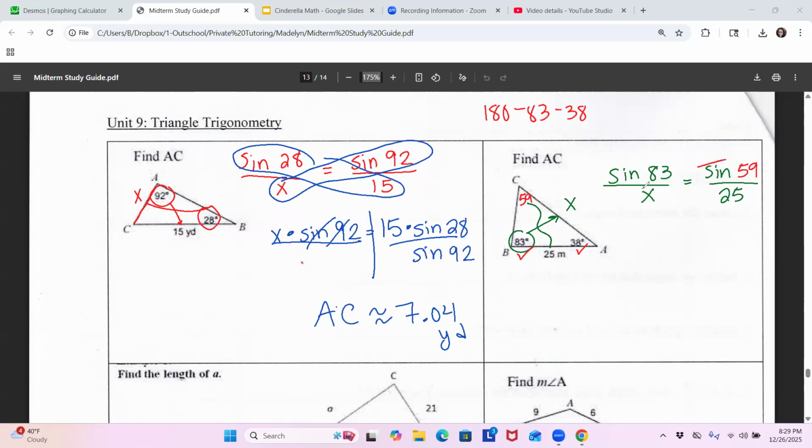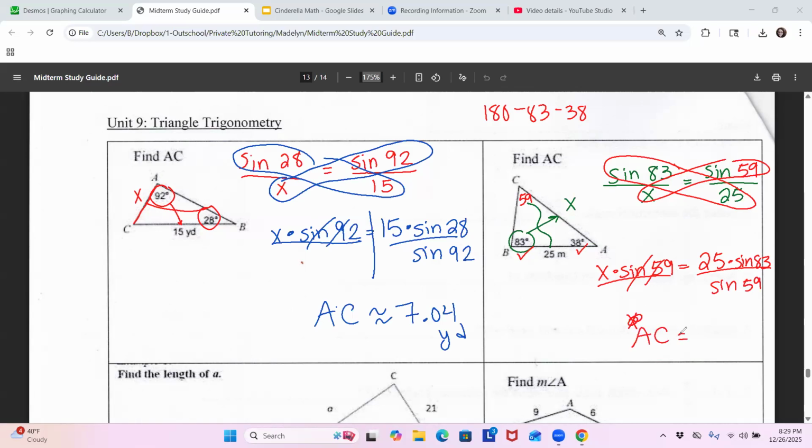And now crisscross. So we have X times sine of 59 equals 25 times sine 83. Divide, and then again, round to whatever your teacher wants.